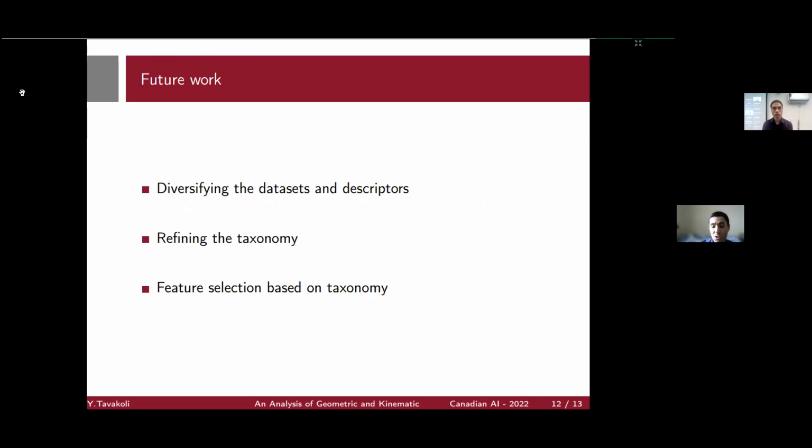For example, one can diversify the data sets by resorting to various disciplines and explore spatial or spatial-temporal descriptors other than the geometric and kinematic ones. One can refine the taxonomy, perhaps in a hierarchical manner, which can lead to a more accurate characterization of moving objects based on predictive performance. And finally, one may look into the similarity bonds induced by the taxonomy for future selection.